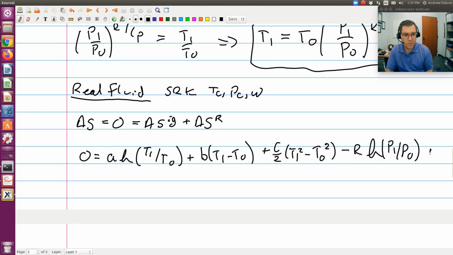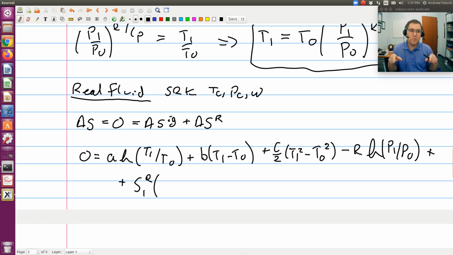So plus S1 residual. Now remember, think about your black box. There's SRK code online for working with the SRK equation of state, and basically you can think of the SRK as a black box.